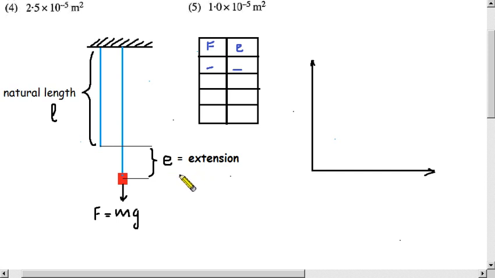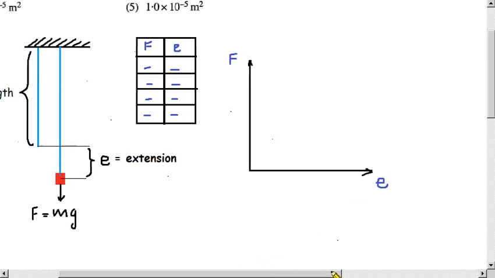Then only can you ensure that the length of the wire is increasing while the weight is being added, and also the length of the wire is decreasing while the weight is being removed. That way you can do the experiment, take down the readings like this, and plot a graph taking force on the y-axis and the extension on the x-axis.